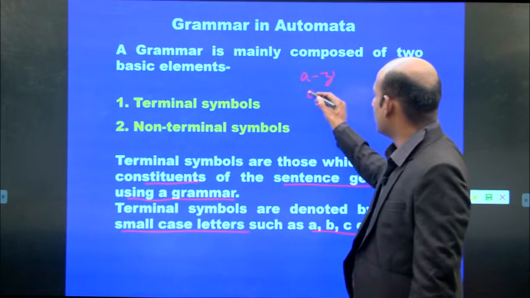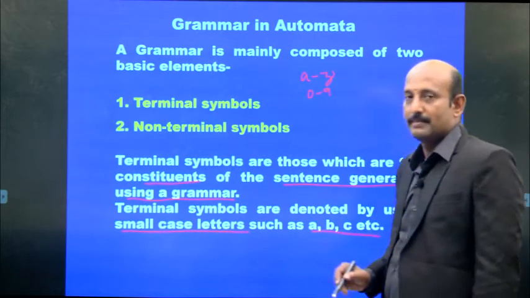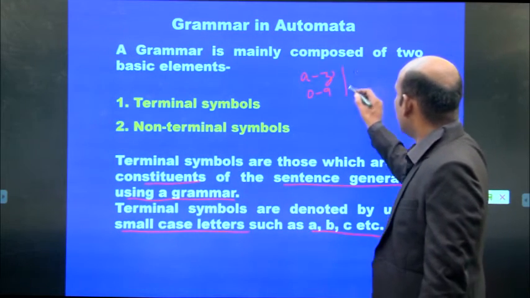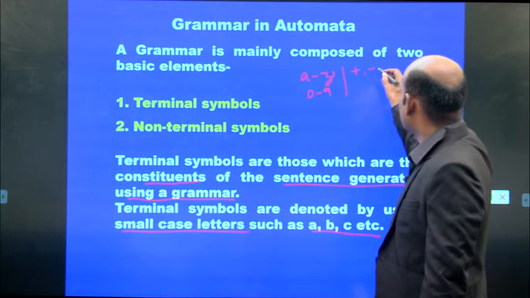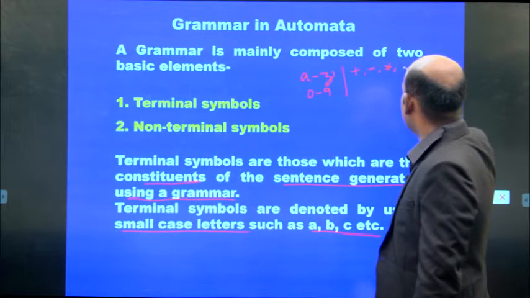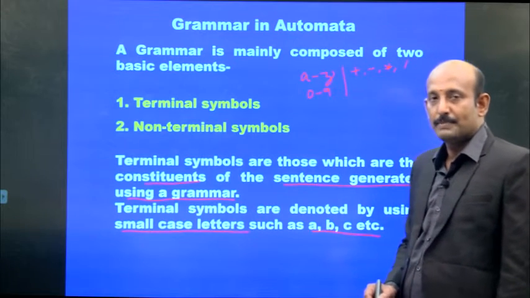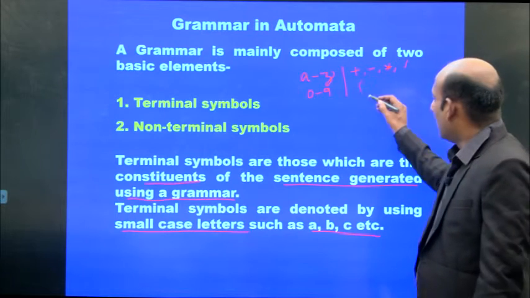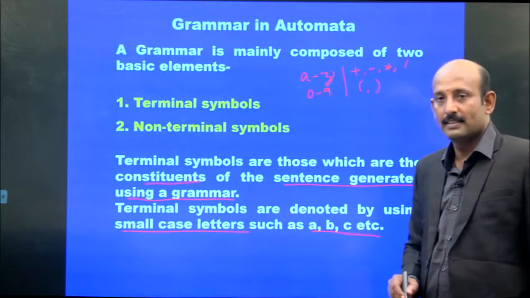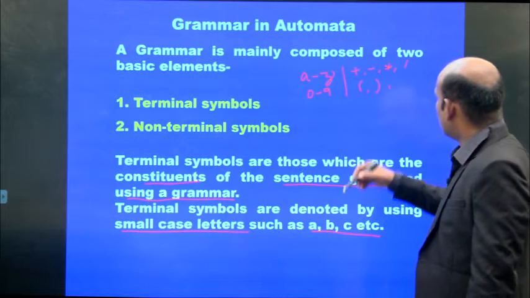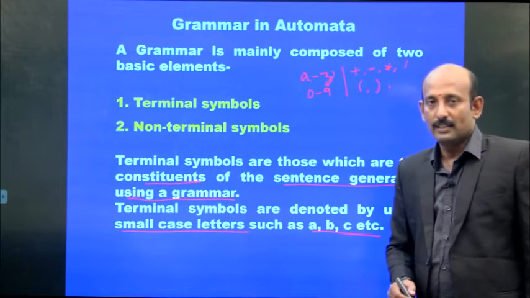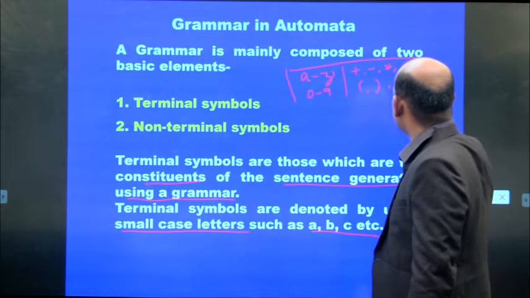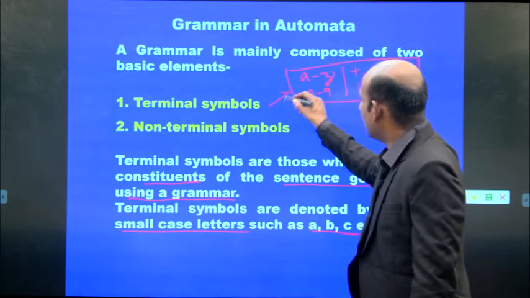Likewise, the numerics 0 to 9 are terminal symbols, and all arithmetic operators like plus, minus, multiplication, division, and some special characters like the open parenthesis, closed parenthesis, comma, etc. These are all called terminal symbols.